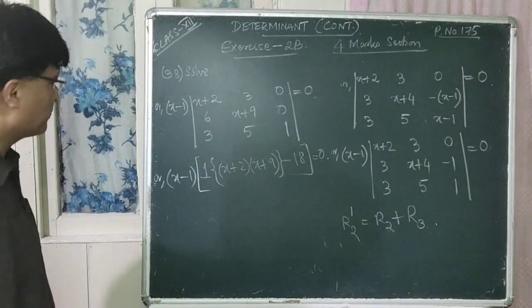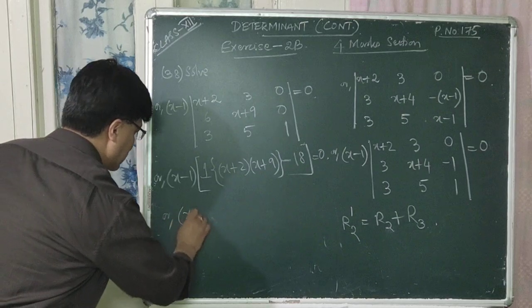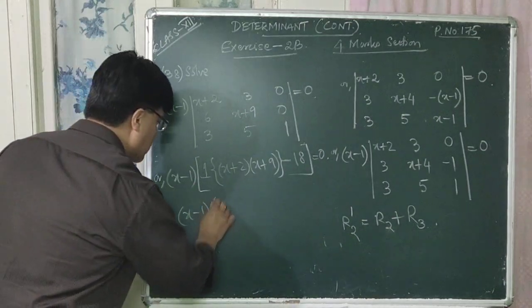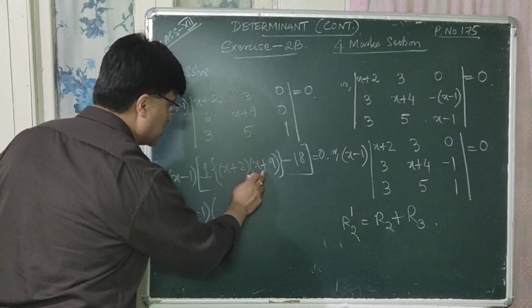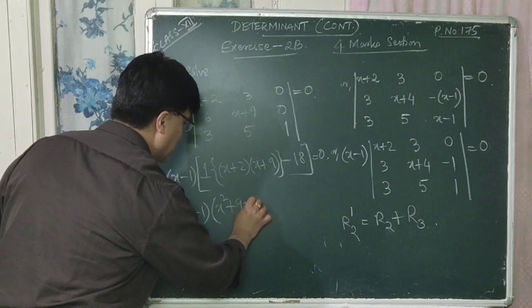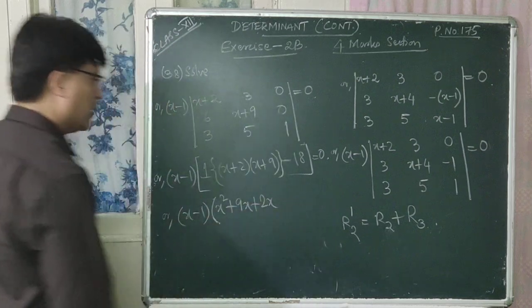Is that clear now? So next, x minus 1, since this is 1, you don't have to write it. So now within bracket, multiply them: x plus 2 into x plus 9, x into x is x square, plus x into 9, 9x, plus this is 2x, right?